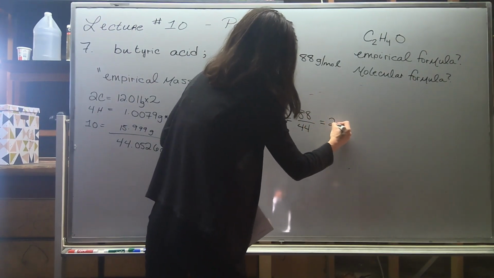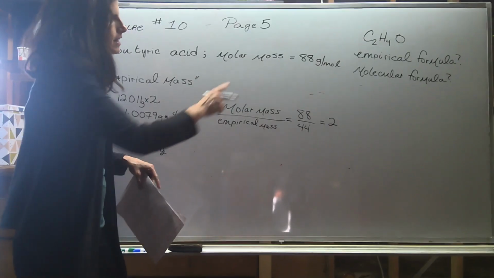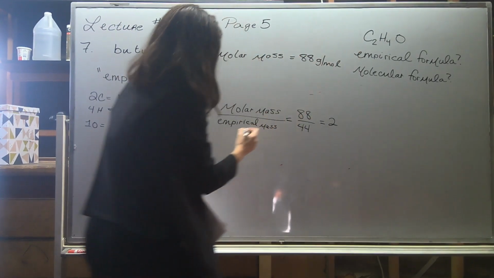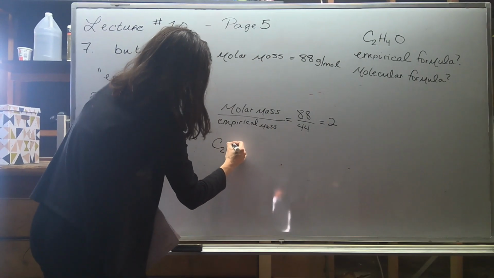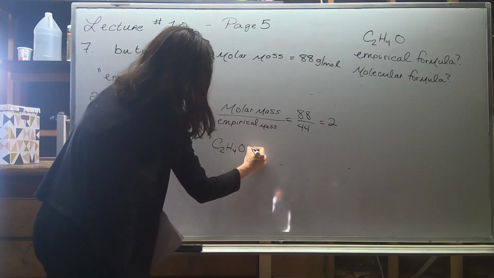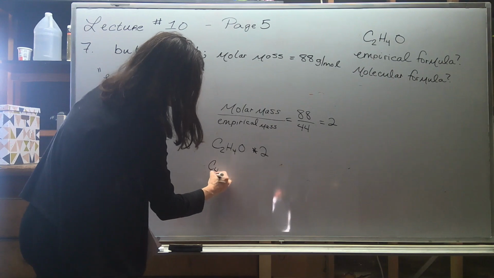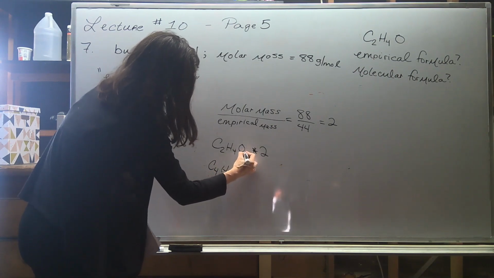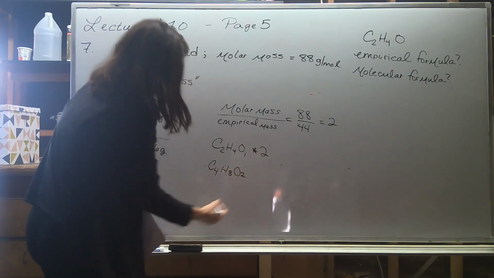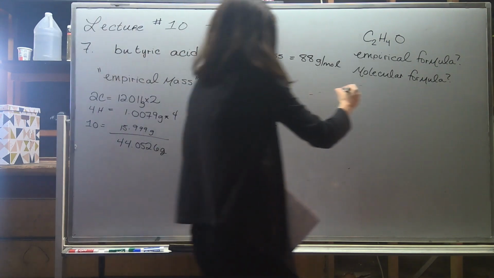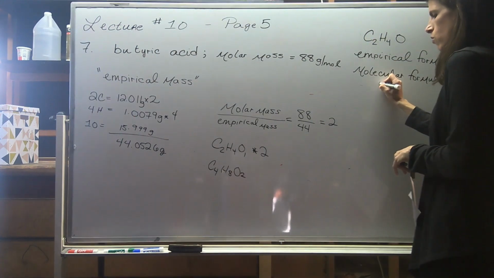And I get 2. So I'm going to take this empirical formula up here, C2H4O, and multiply it by 2. So I'll get C4H8, and there's a 1 here, right? So O2. And that's actually my molecular formula for the compound.